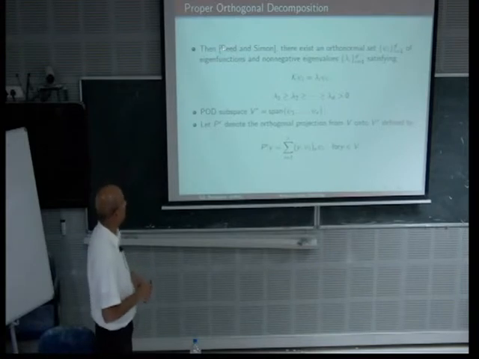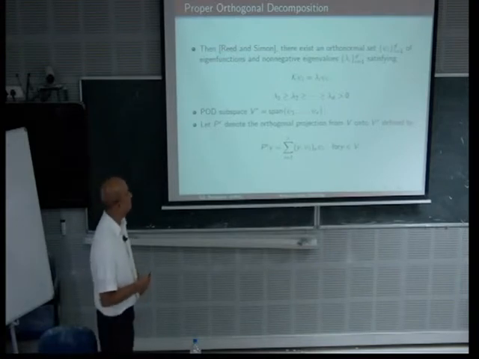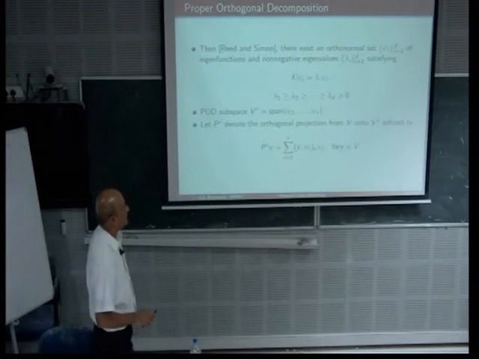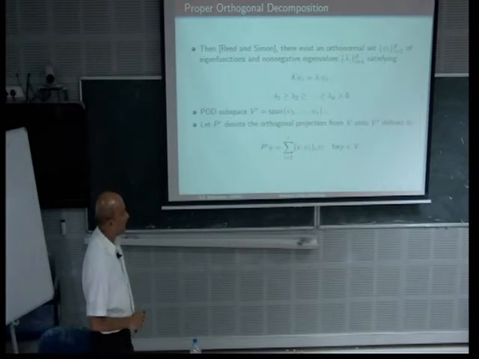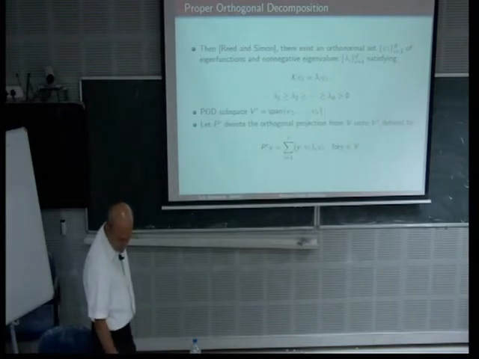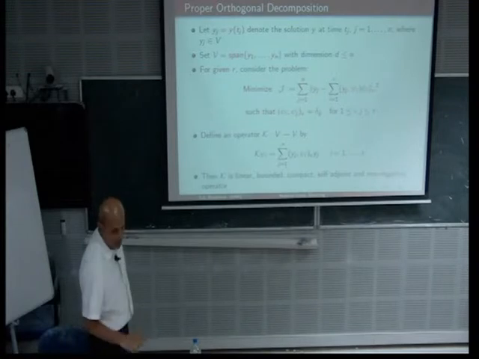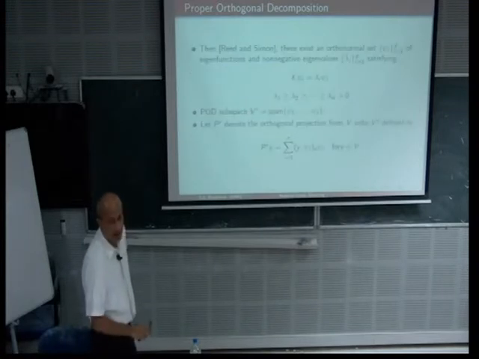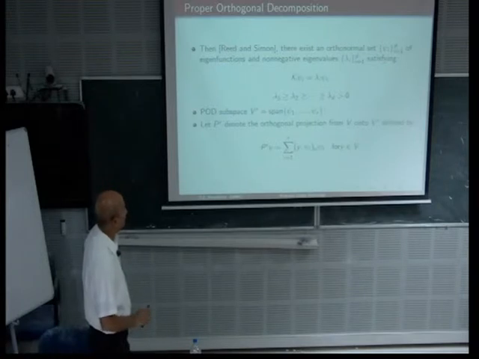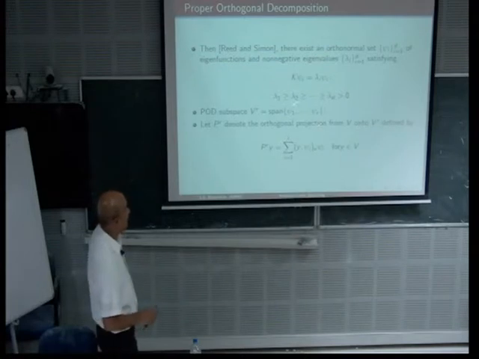That allows us to use a well-known result in functional analysis. You can find it in Reed and Simon's functional analysis book, which says there exists an orthonormal set psi_i of eigenfunctions and non-negative eigenvalues lambda_i, satisfying K psi_i equals lambda_i psi_i. So you basically convert the minimization problem I mentioned, by introducing this operator K, into a simple eigenvalue problem for the operator K. The theory also says the lambdas can be arranged in descending order, and all of them are positive.